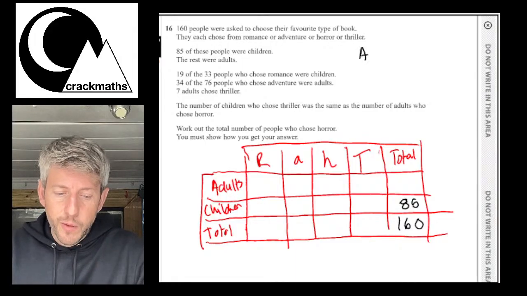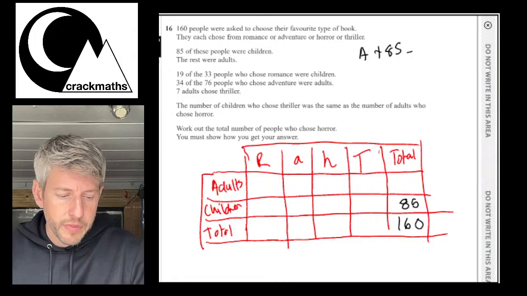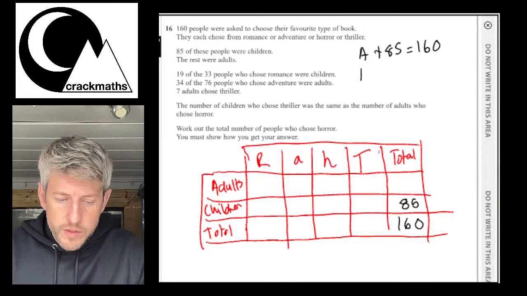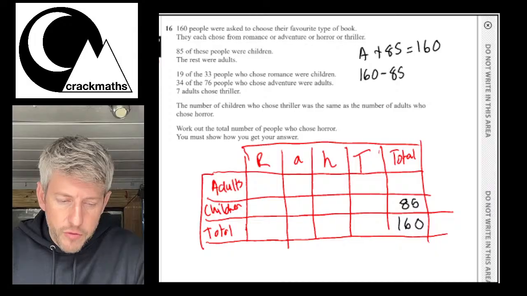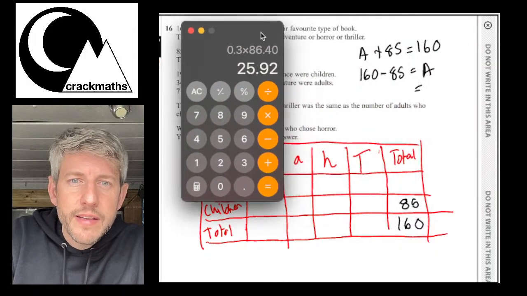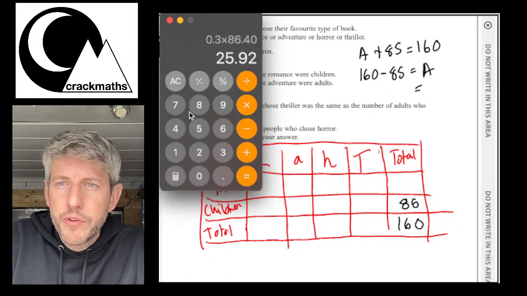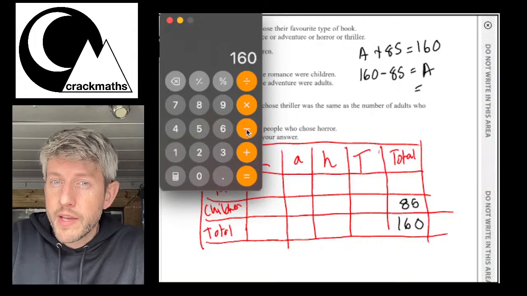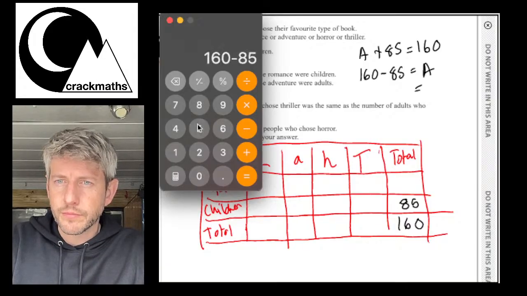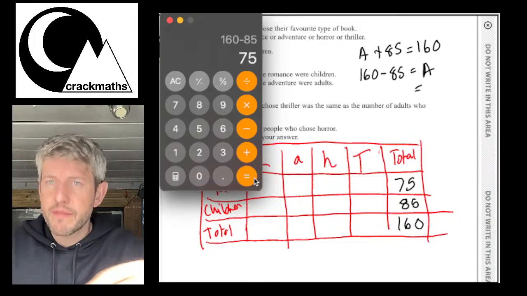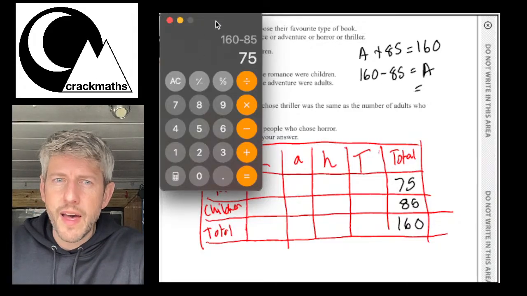So we know that adults plus 85 equals 160. So we can just reverse this and do 160, take away 85, and that will give us the adults. Okay, and let me just do that on the calculator. So here we go, we've got 160, take away 85, and that equals 75. Okay, so we know that there's 75 adults there.